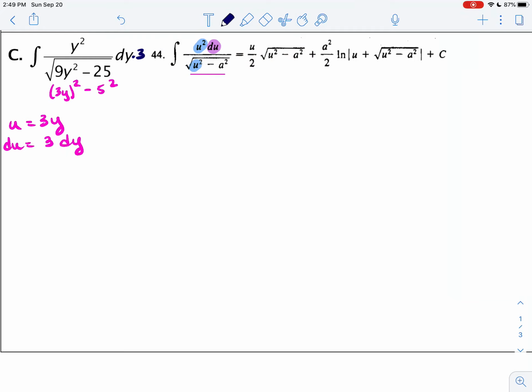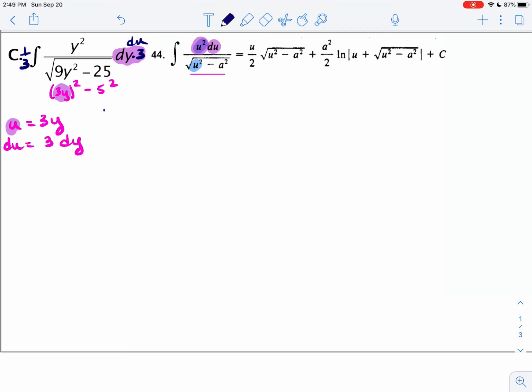or if I just go in my original integral, if I multiply by 3, I will need to divide by 3, right? That way 3 dy is going to be my du. Good? I also see that if I'm going to let 3y squared equal u, I'm going to have my u squared over here as well.